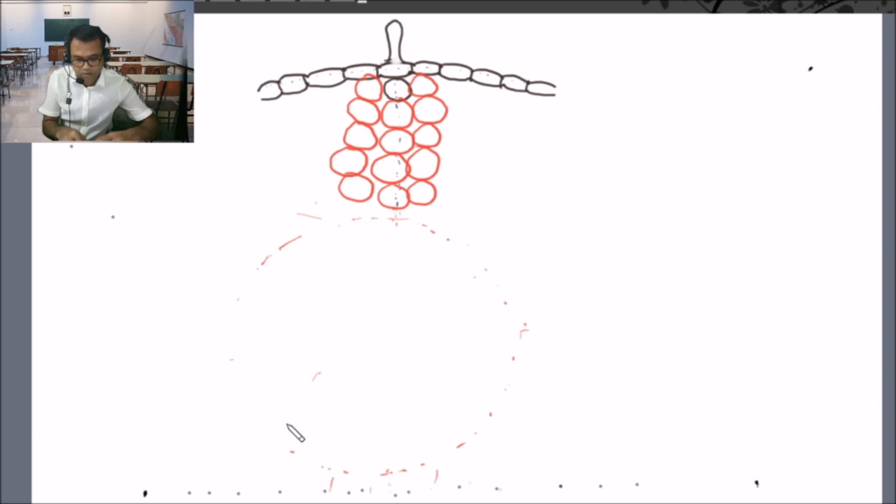Next we have to draw the pericycle. At first, in this case, we can draw a circle with the help of a compass.